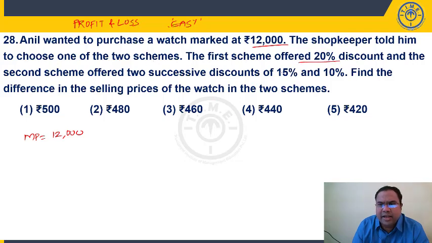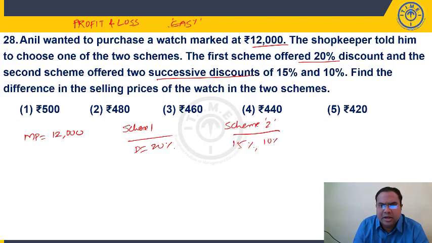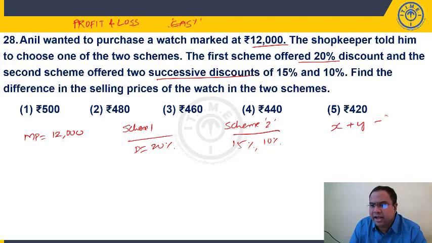The first scheme offered a discount of 20%. Scheme 2 is offering two successive discounts of 15% and 10%. Two successive discounts of X% and Y% is equal to a single discount of X plus Y minus XY by 100%.